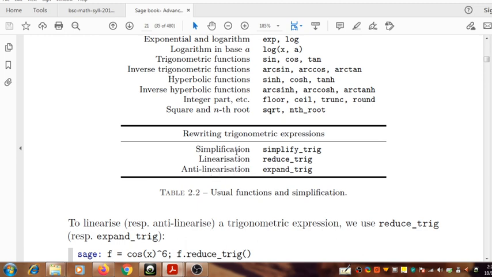These functions have specific uses, and the first one should be written as simplify underscore trig, reduce underscore trig, and expand underscore trig.